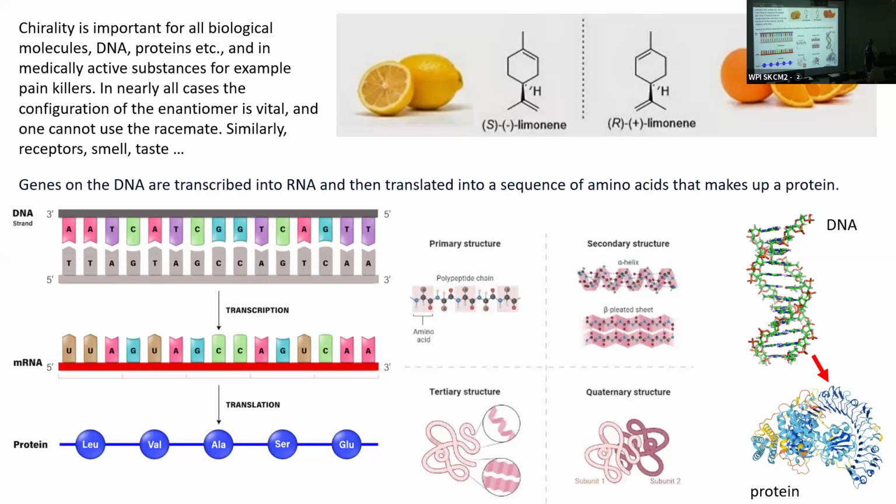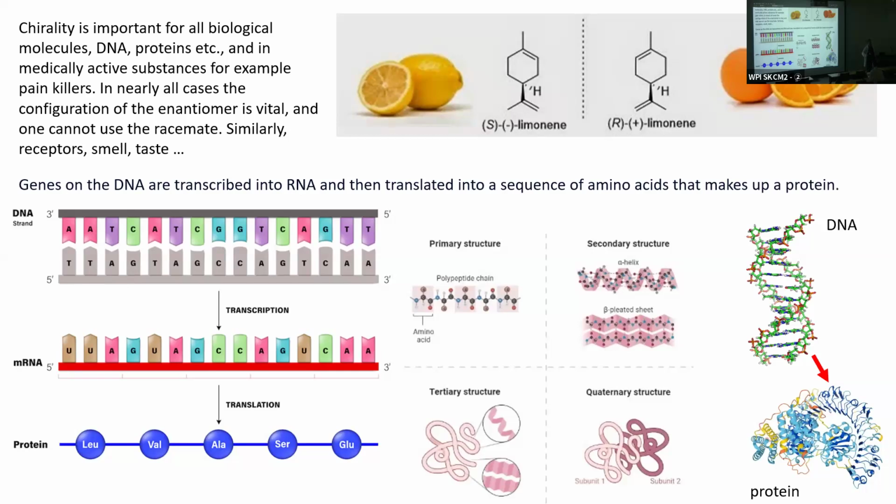And one of the nice examples is, not fully shown on the screen, the molecule limonene. In one configuration, the S configuration, it smells of lemon, whereas the molecule that is its mirror image, this one here, in the R configuration, smells of orange. There are more examples like that.